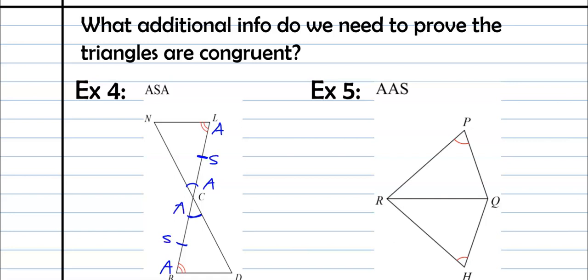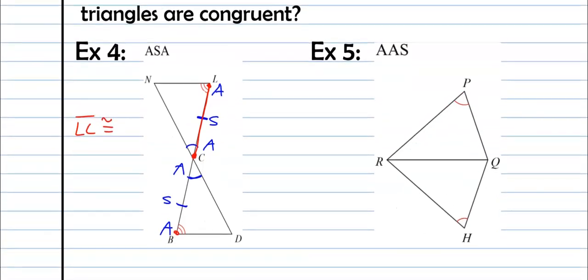So the piece of information that we need is this side here. So let's call it side LC. It needs to be congruent to, what letter is that? I can't tell. BC. Okay, if we had that additional piece of information, then we could use angle, side, angle.